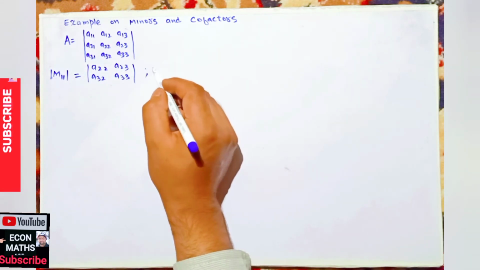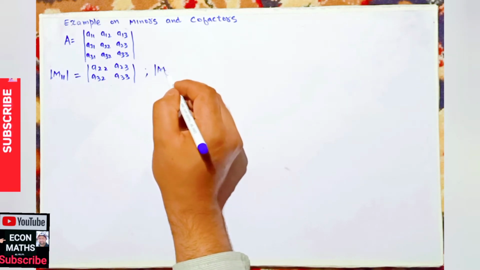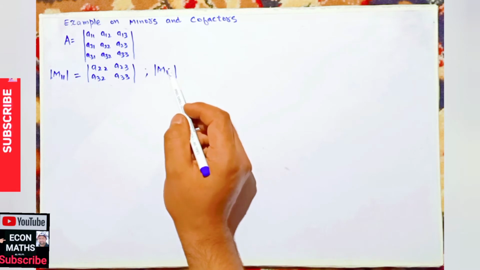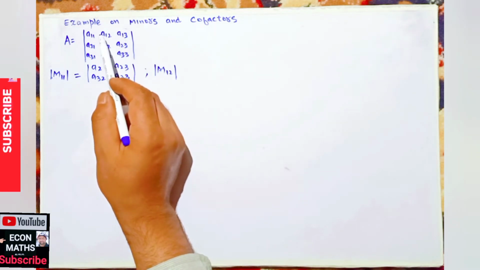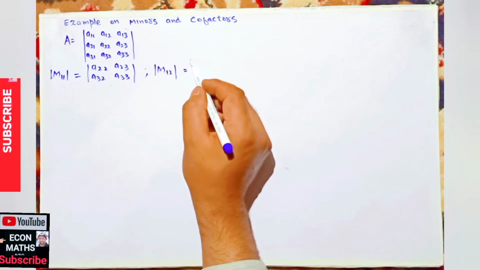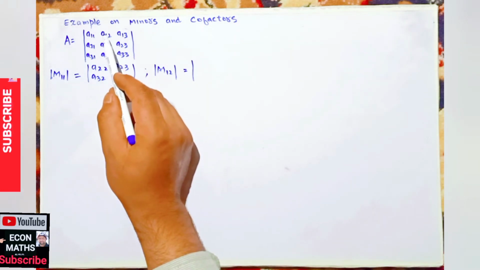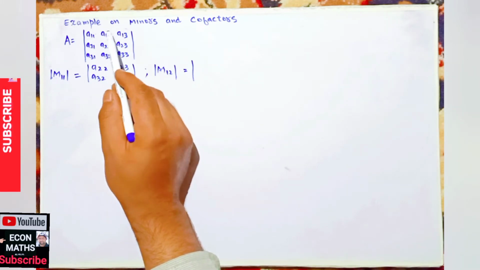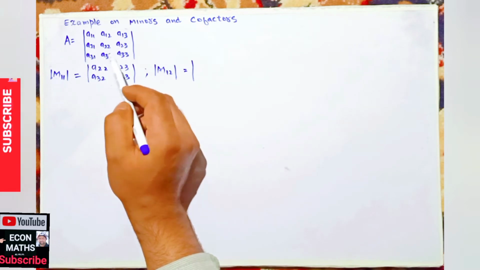So this is the minor M11 in place of this element A11. Similarly, the second minor is denoted by M12. So this M12 is a minor in place of this element A12. Now the minor at this place is found by mentally deleting the row and the column in which this element appears and taking the determinant of the remaining elements.